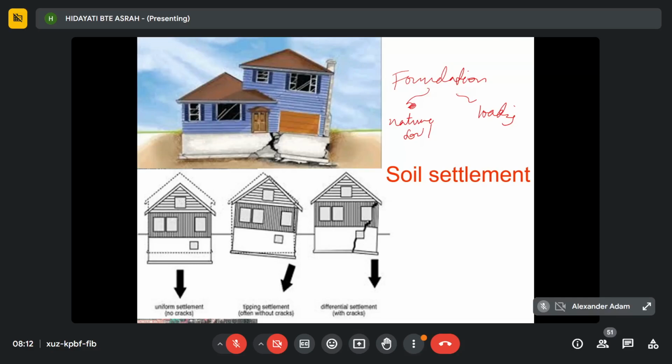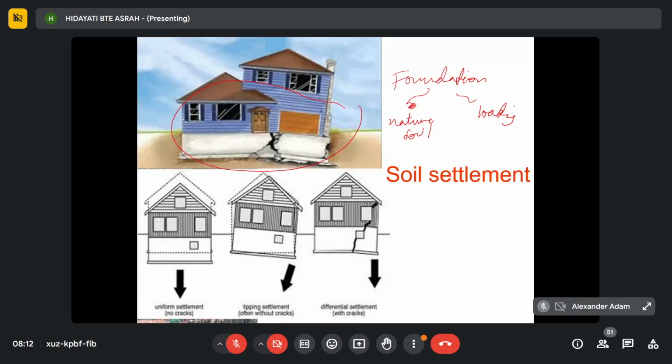When you are unable to design your foundation properly, it will cause structural problems in the future, for example settlement. From the first top figure, you can see there is settlement on the building, so the building is cracking.